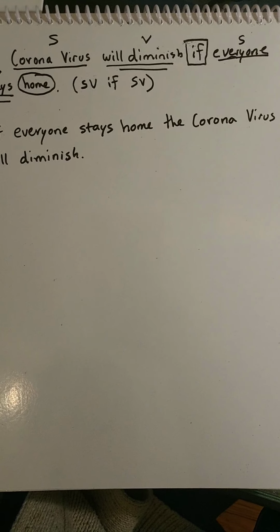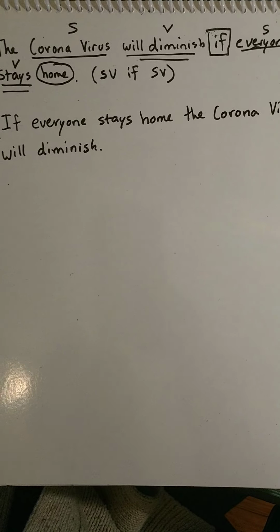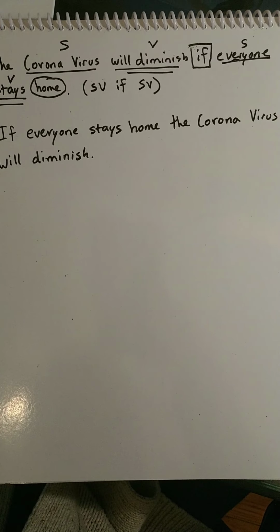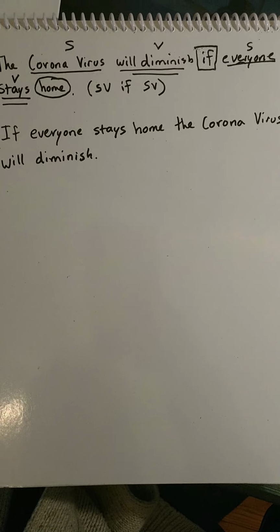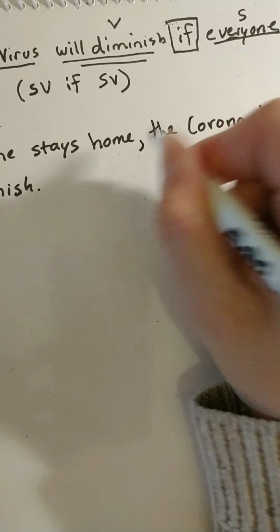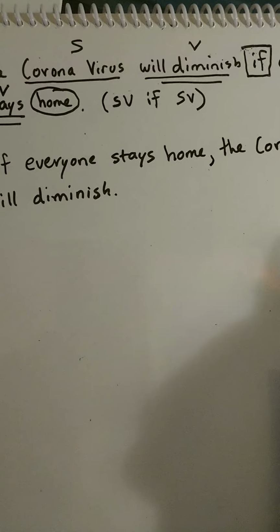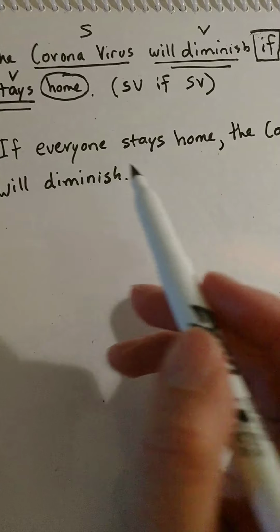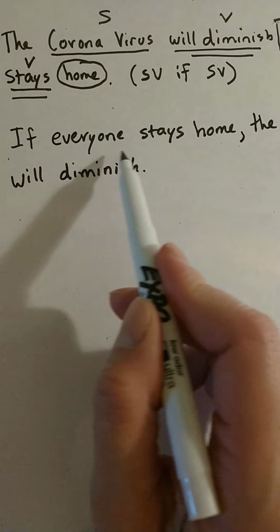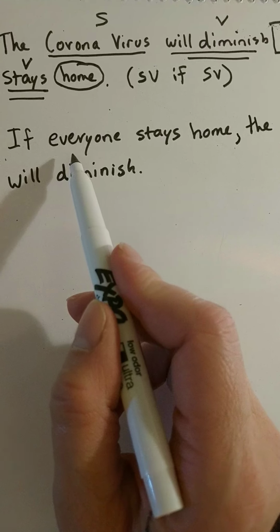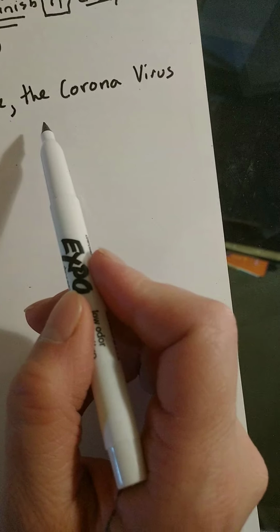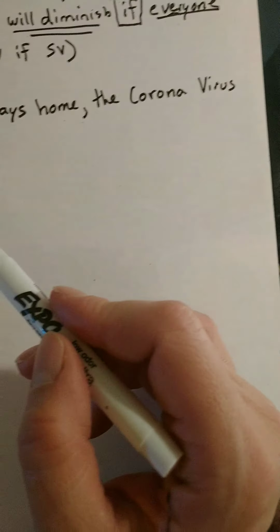Now, however, in this sentence, there is a problem. What do you think the problem is? If you said a comma right here, you are correct. When the dependent clause, which is the first one here, is first, you need a comma before you add the independent clause.